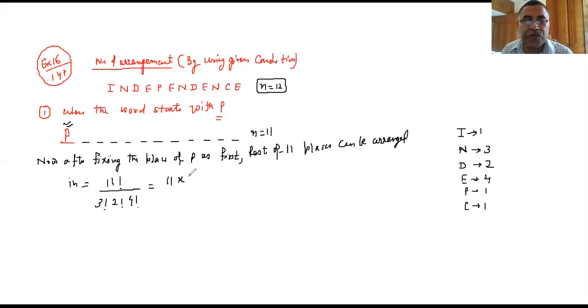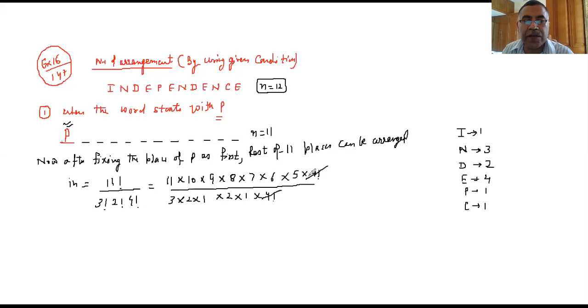11 into 10 into 9 into 8, 7, 6, 5 and 4 factorial. In the denominator we have 3 into 2 into 1, 2 factorial, this is 2 into 1, and then 4 factorial.